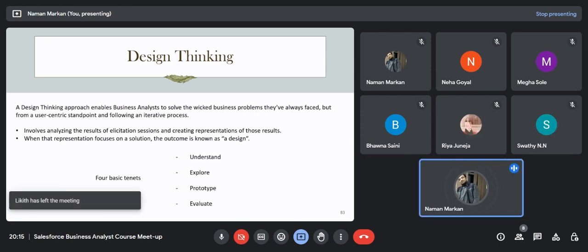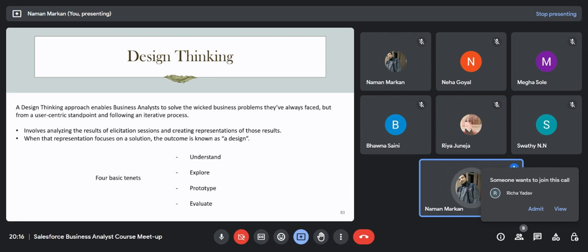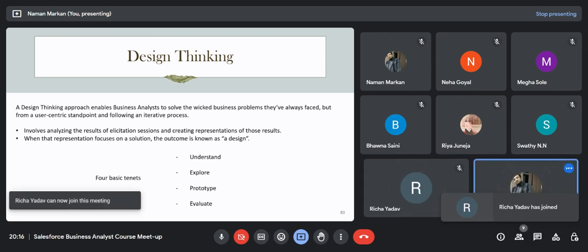Okay, so there are four basic tenets, or principles, which I have mentioned. In these principles, design thinking involves the understanding part. You first need to understand the requirement, then explore all the areas related to the improvement of your business process, or explore the information related to those requirements.